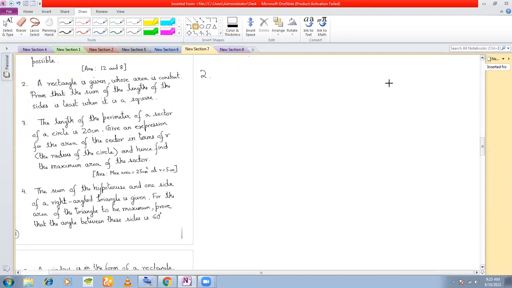So you have a rectangle whose area is given. Whose area is A. Let us call it PQRS because A we are using as the area.